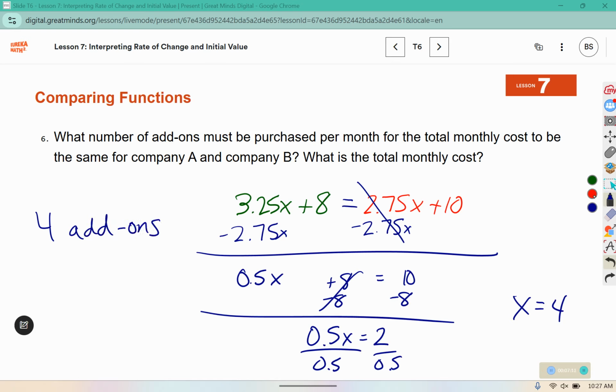And then we'll plug it back in to figure out how much 4 add-ons cost. 2.75 times 4 is 11, and 11 plus 10 is $21.